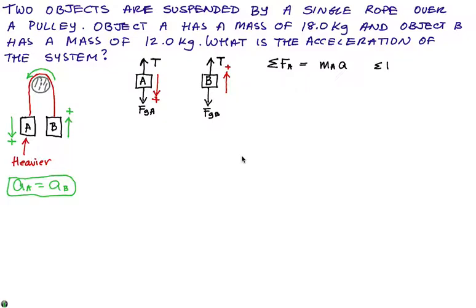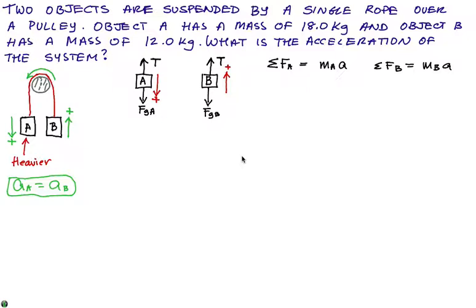And the sum of the forces on B is equal to MBA. Since the two weights are different, we know that the system will accelerate. The objects A and B will move because A is heavier than B. So there's no question that we have an acceleration here.